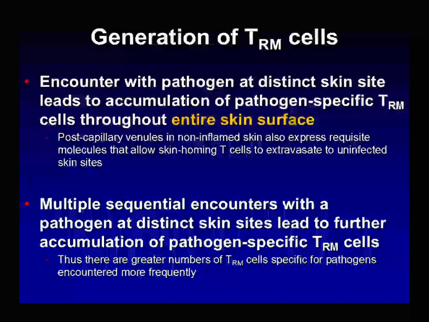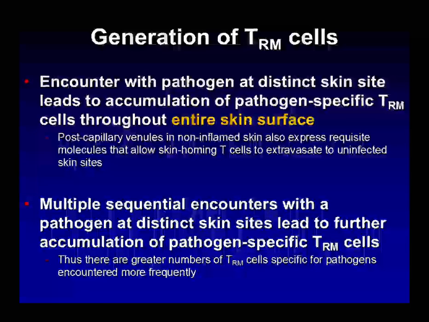Other important facts about the generation of skin-resident memory T cells is that an encounter with a pathogen at a specific site in the skin will lead to accumulation of numerous resident memory T cells specific to that antigen at the site of invasion, but it will also lead to the population of the entire skin surface with resident memory T cells specific to that antigen.